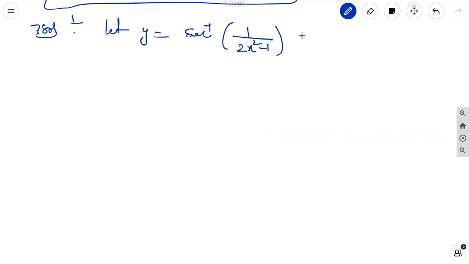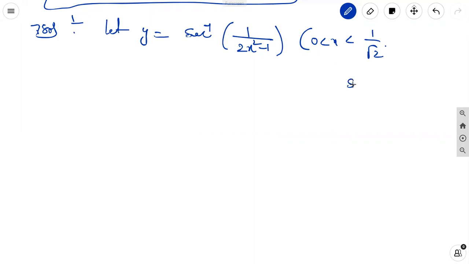Next, seventh one. Let y is equal to secant inverse of 1 by 2x square minus 1, where 0 is less than x is less than 1 by root 2. Here we know that the cos 2 theta formula is 2 cos square.